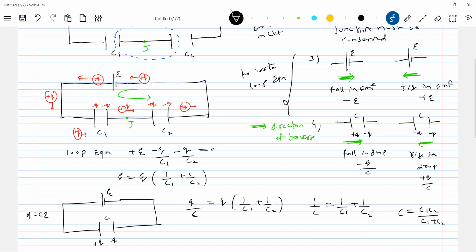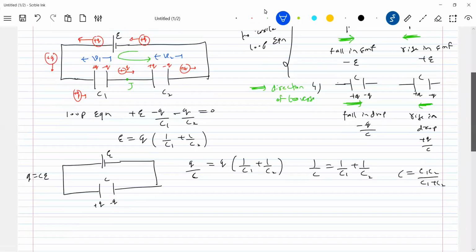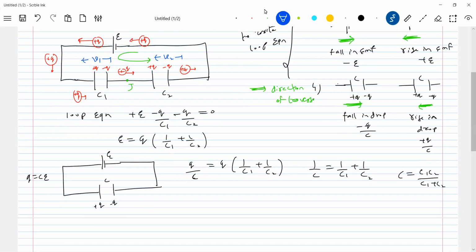Now, further we'll go for potential differences also. What about the drops V1, V2? Potential divider, how will the potential divider take form? So here V1 is equal to Q into Q by C1.